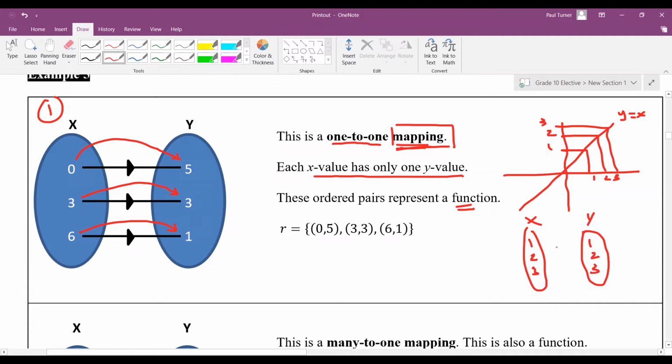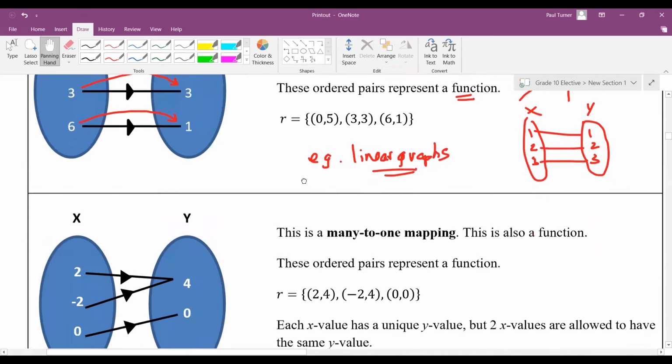And you can put more numbers in like that. So linear graphs will be 1 to 1. So an example, linear. They're 1 to 1 graphs like that. Okay, so that's the first kind you're going to see. You can take some notes if you want, but linear, okay, that's an example for 1 to 1.